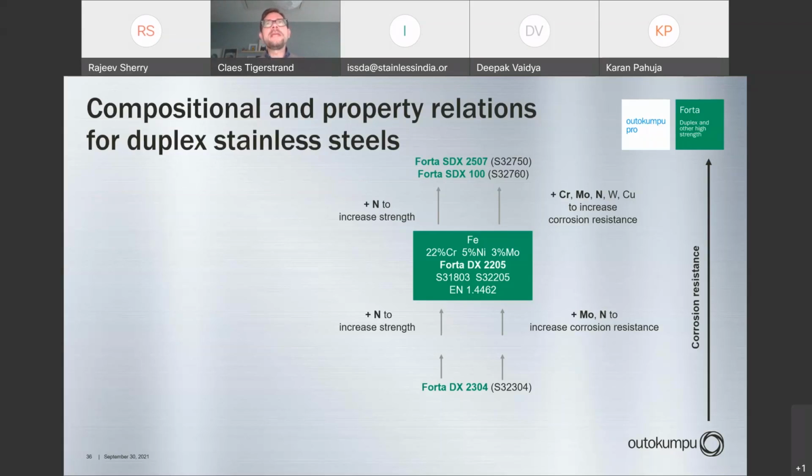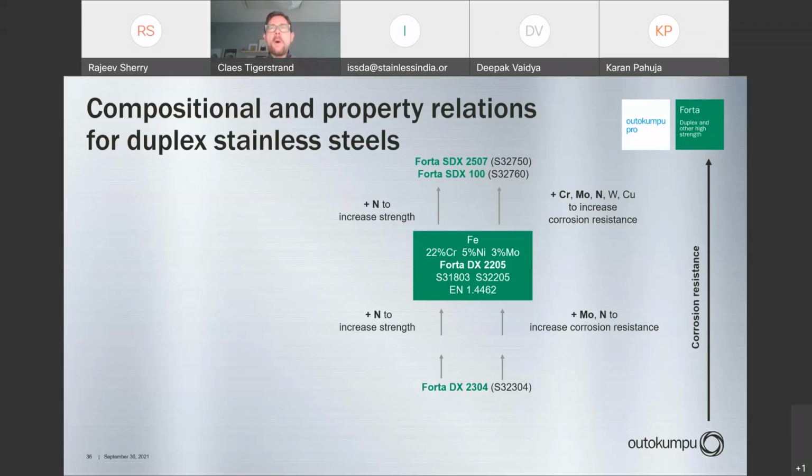If you go even further, adding more nitrogen, adding more chromium, molybdenum, in some cases also adding other elements, you will reach the super duplex grade, where we have the Forta Super Duplex 2507, but also the Forta SDX 100. So these three are the most common duplex stainless steels on the market.